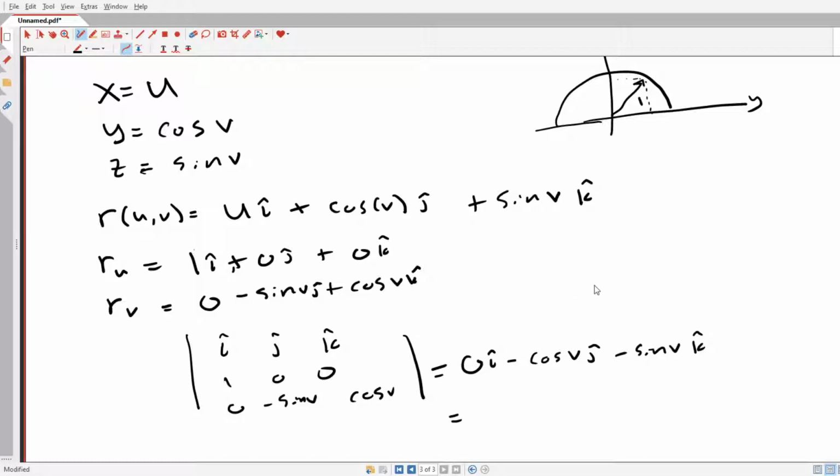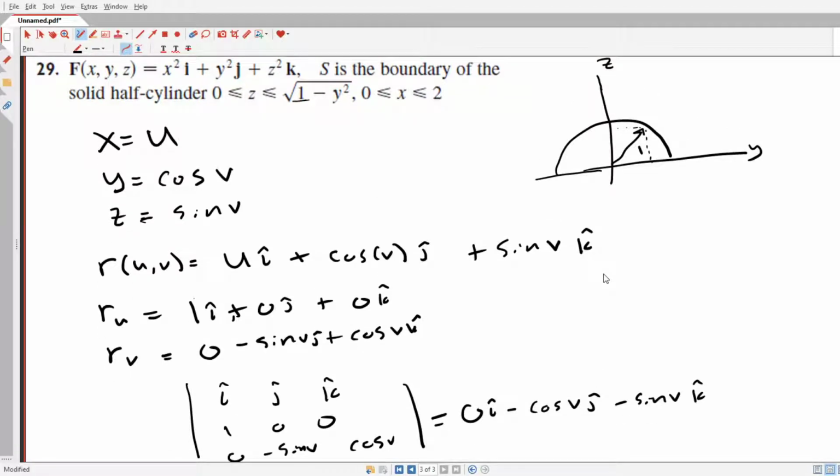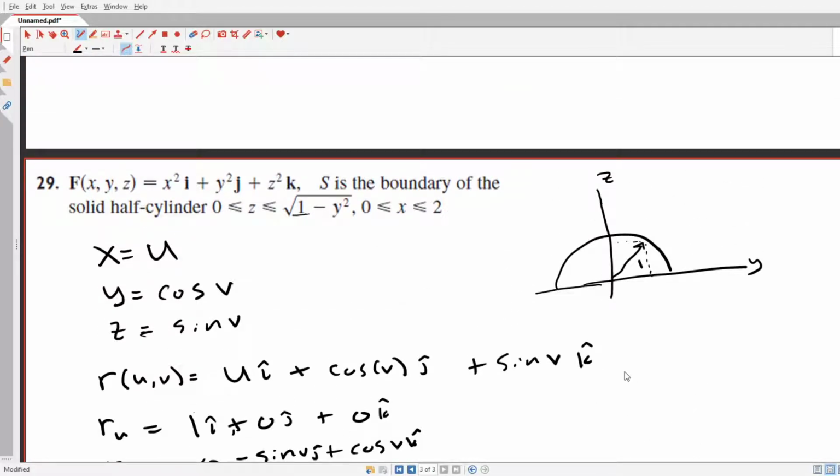One thing to notice real quick: the direction of this vector, minus cosine v, minus sine v, is pointing towards the origin, like this. So this Ru cross Rv is pointing inwards, and that's not what I want. I want it pointing outwards. So all of these normal vectors would be pointing like this, and that's not what I want. This is just a fluke from how I picked u and v.